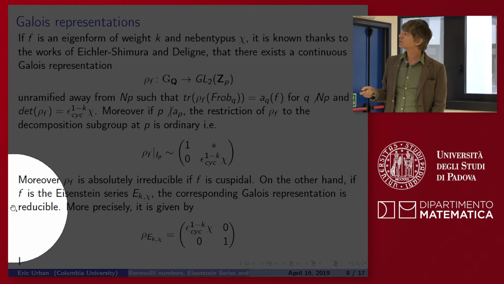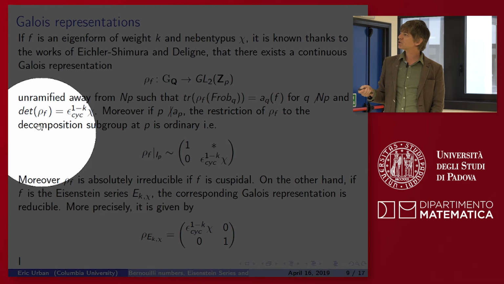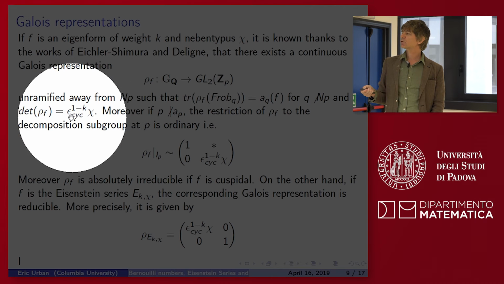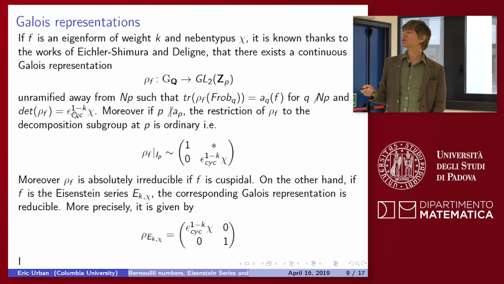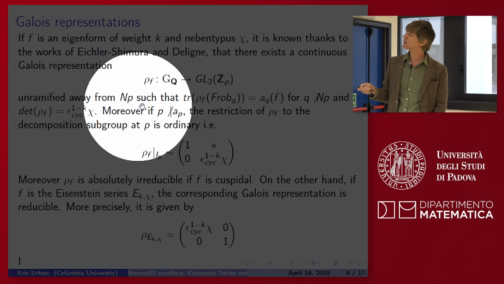And such that the determinant is given by the cyclotomic character to the power 1 minus k times chi. So the cyclotomic character is the character that gives you the action of the Galois group on the p-power roots of unity. So I'm not going to be more precise about this.